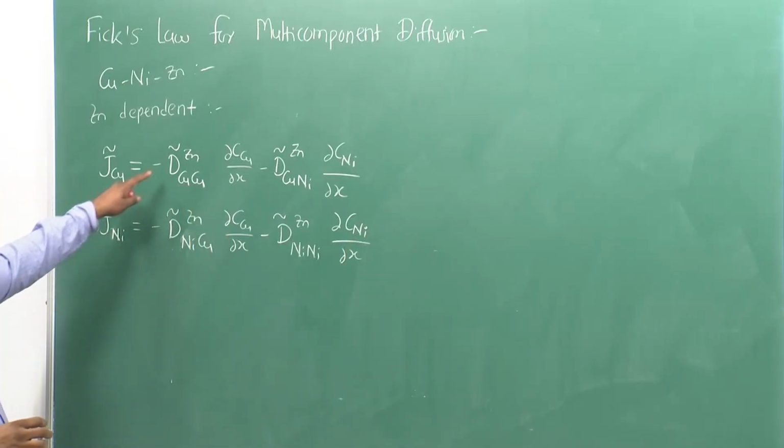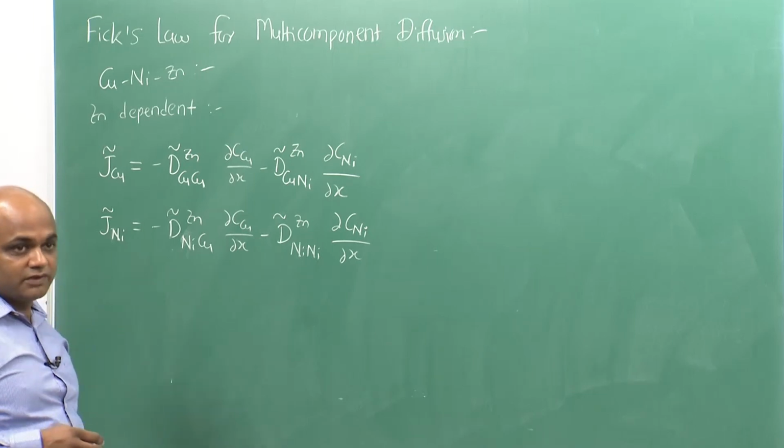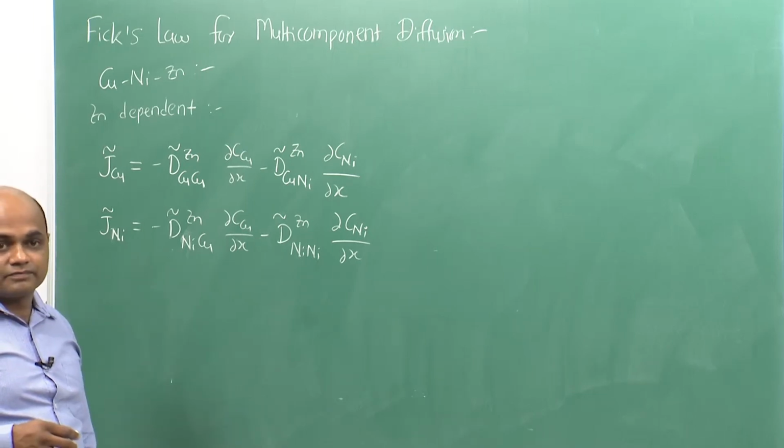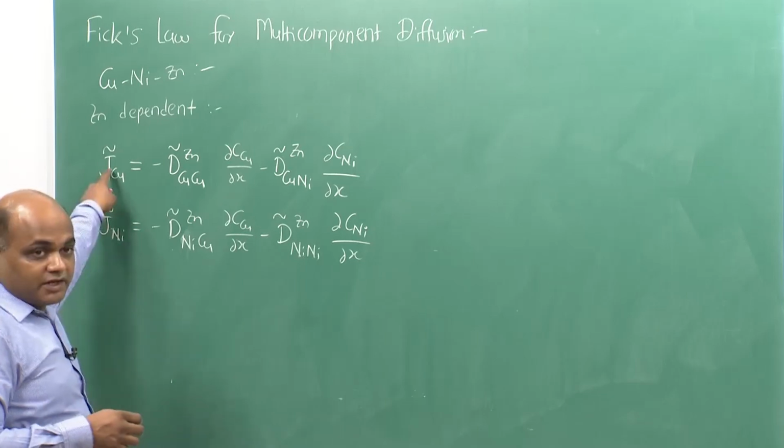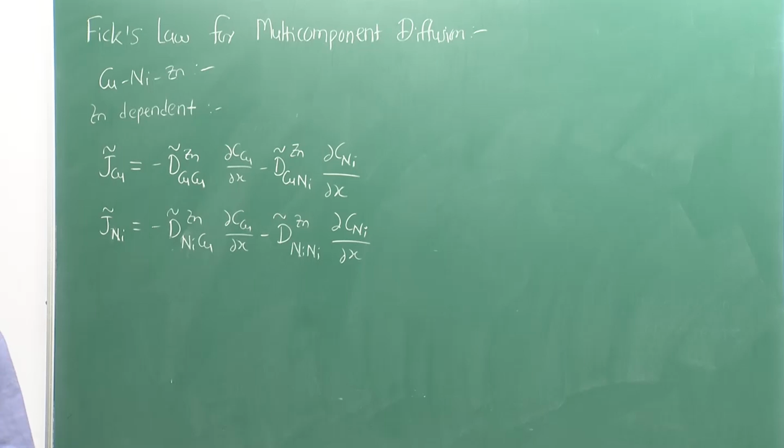So, I have 4 interdiffusion coefficients in a ternary system, right. So, n minus 1 square, 3 minus 1 is 2, 2 square is 4, because there are 2 independent fluxes and 2 independent concentration gradients.